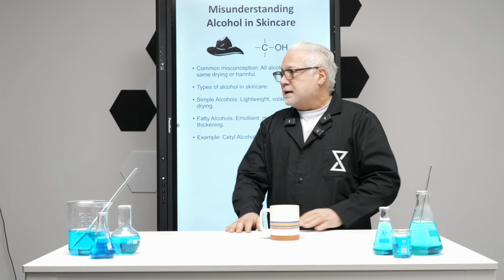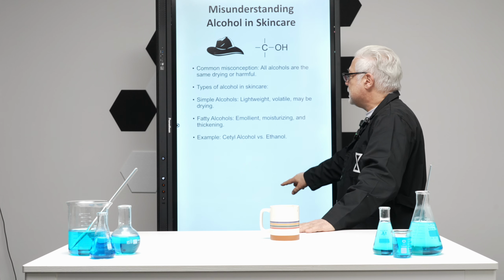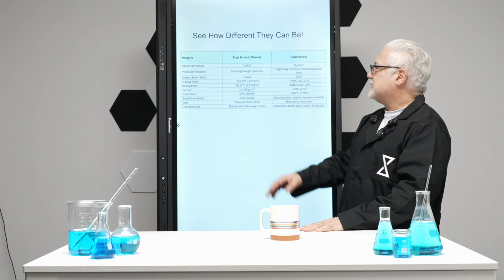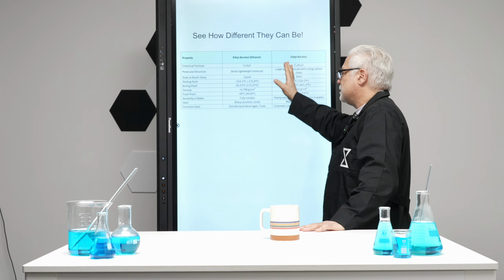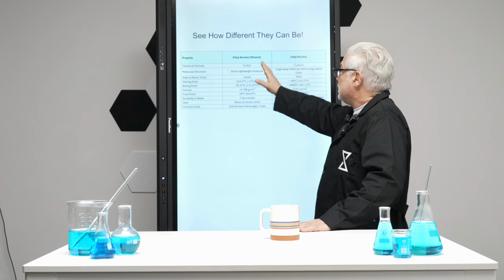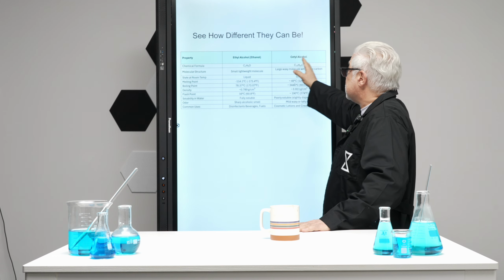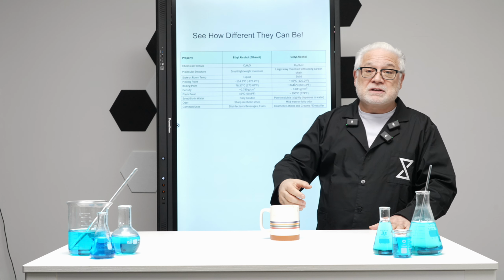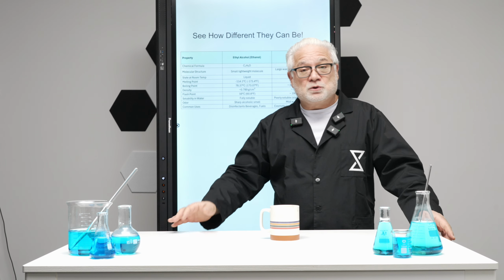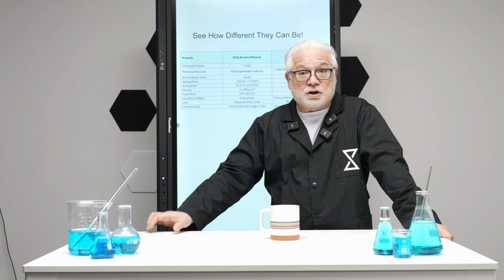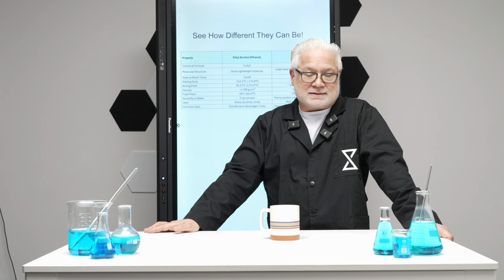So now, let me try to give you an example here. I've made a chart for you. I'm not going to get into the details of this table, because some of these things nobody cares about, but we talked about ethyl alcohol and cetyl alcohol. I'm going to try to explain why, in terms of the chemistry, there's a difference between that cheetah and that elephant. But they just have that hydroxyl group. They both have the same hats. Okay?